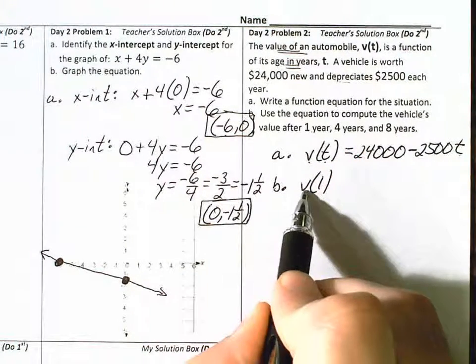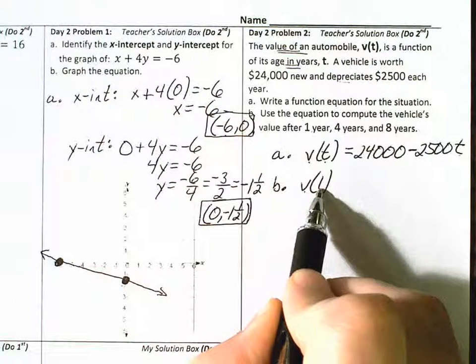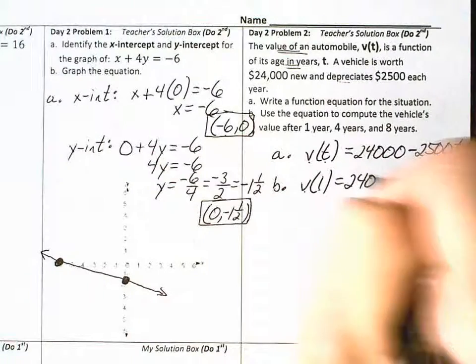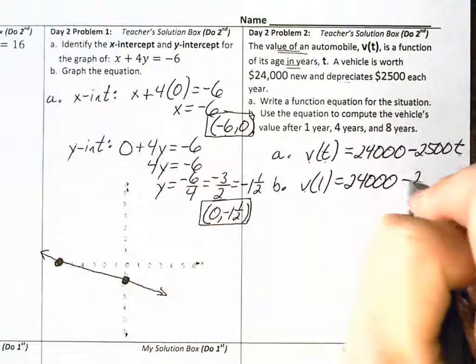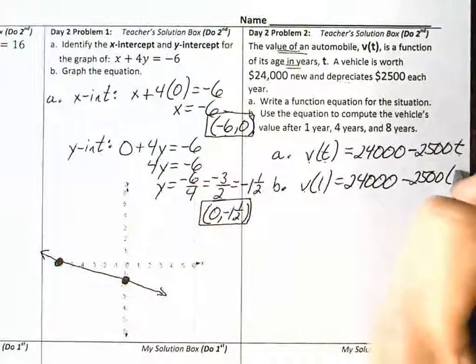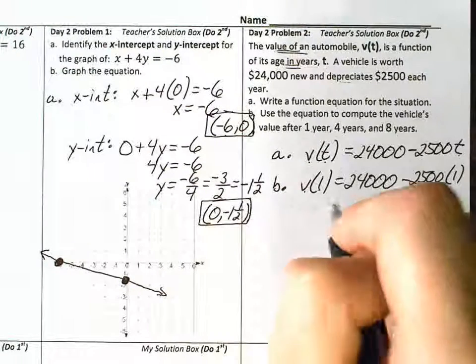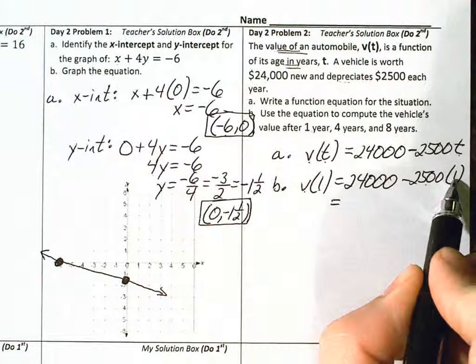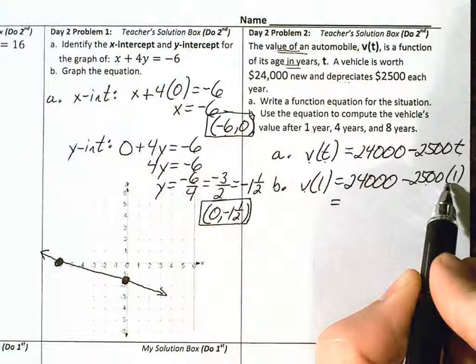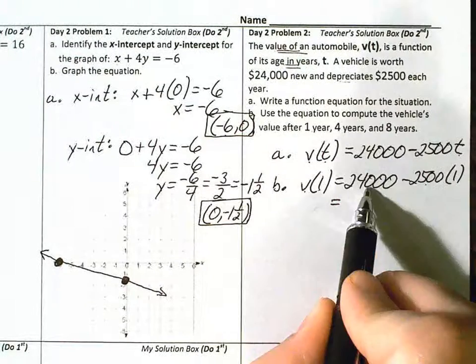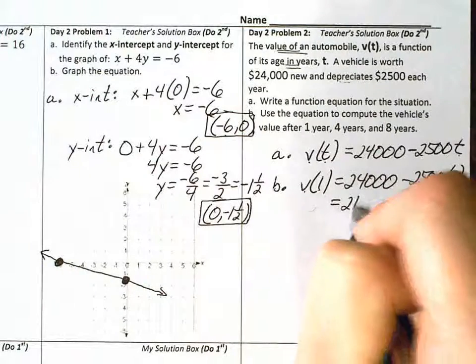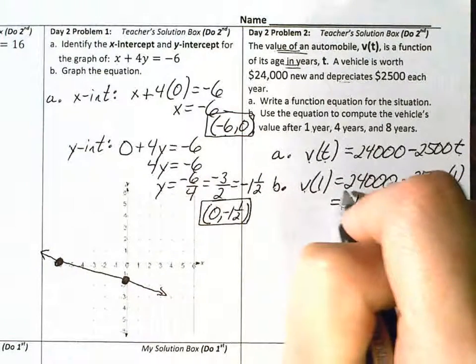What is the value of a vehicle after 1 year? 24,000 subtract 2,500 times 1. 2,500 times 1 is 2,500. So what is 24,000 subtract 2,500? That's $21,500.